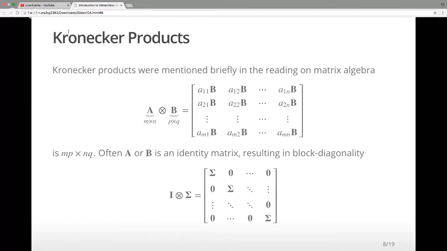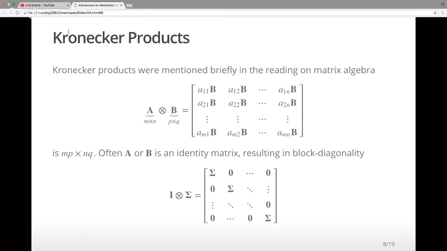Unlike matrix multiplication, where the number of columns in the leftmost matrix has to equal the number of rows in the rightmost matrix, a Kronecker product is well defined between two matrices A and B, irrespective of their number of rows and columns.